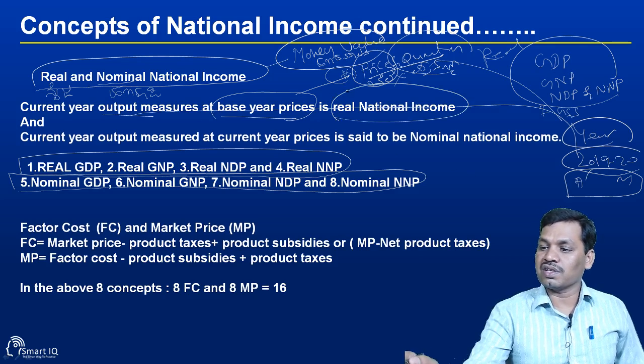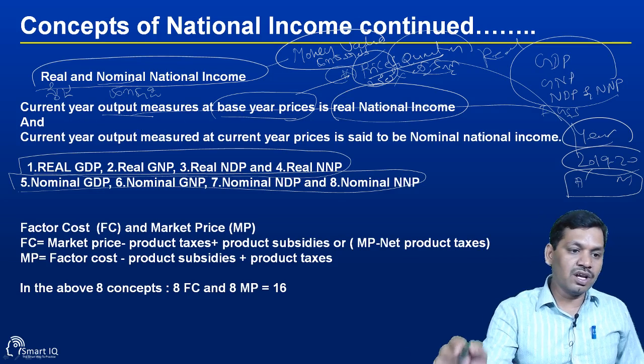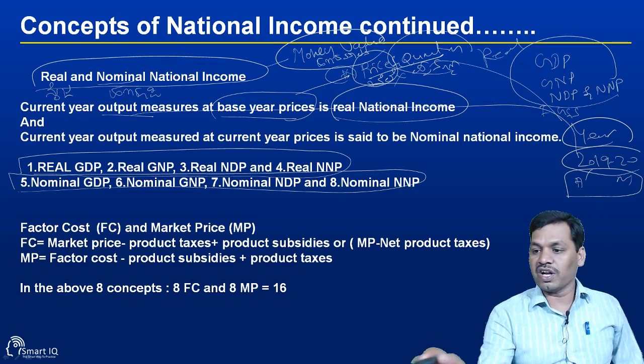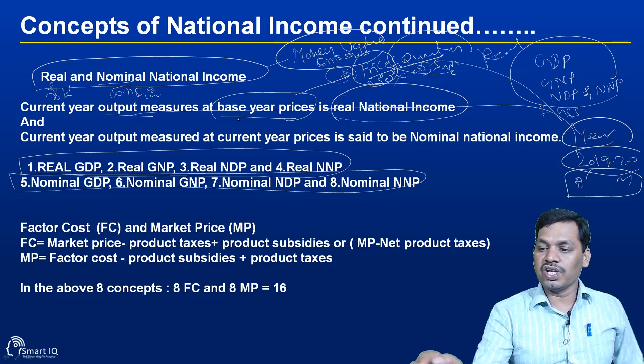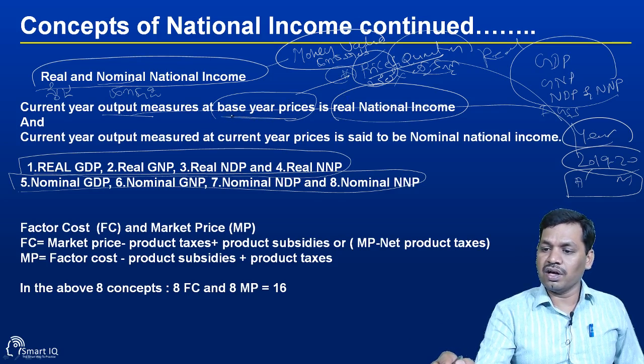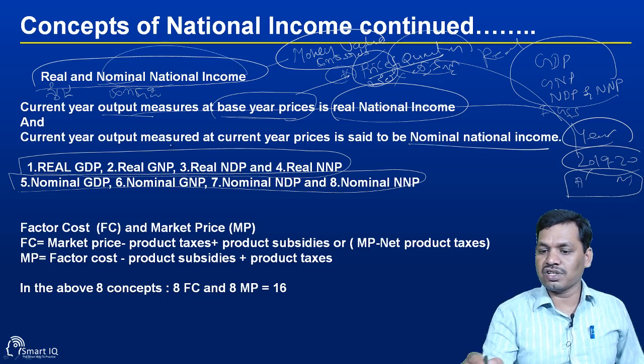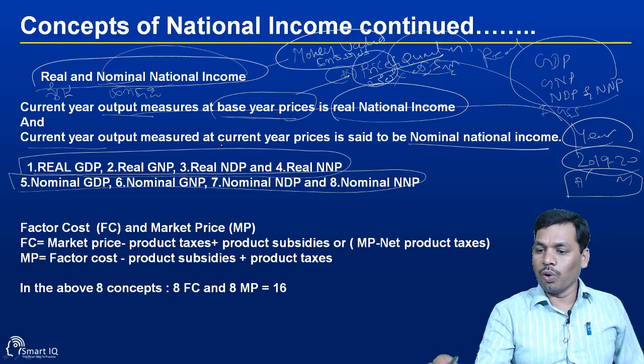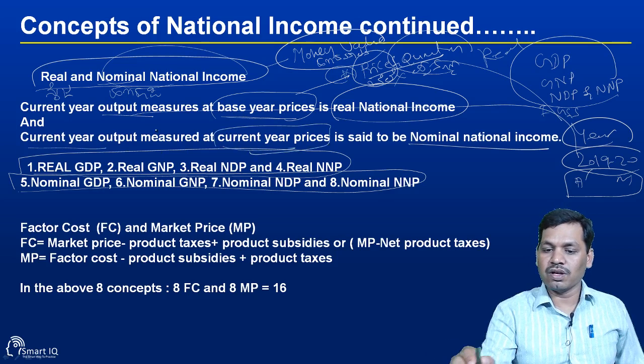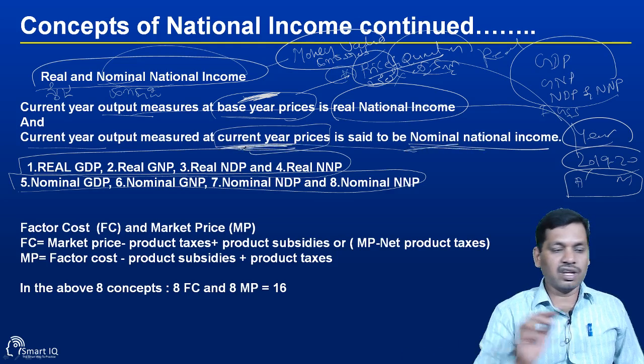Your output is the current year output in both nominal and real. With real national income we take the base year price, whereas with nominal GDP, nominal national income, output is the current year output and only the price makes the difference between real and nominal. Real is base year price, whereas nominal is current year price.